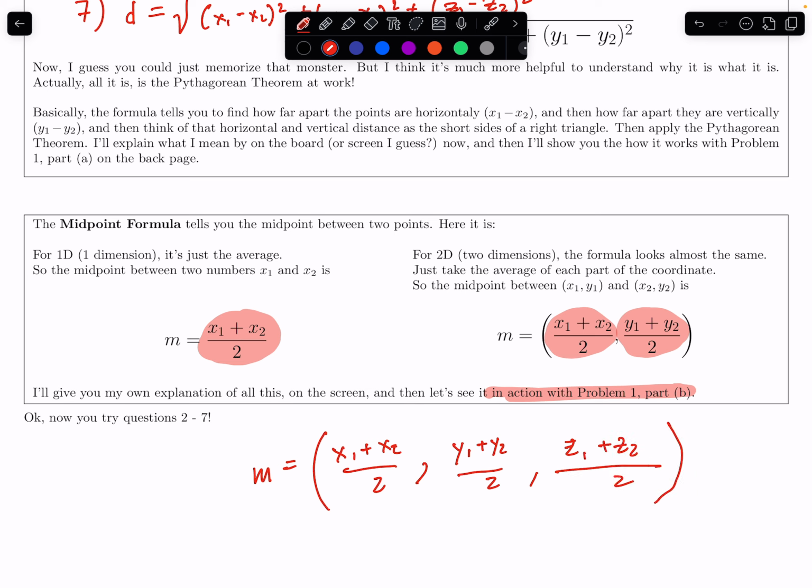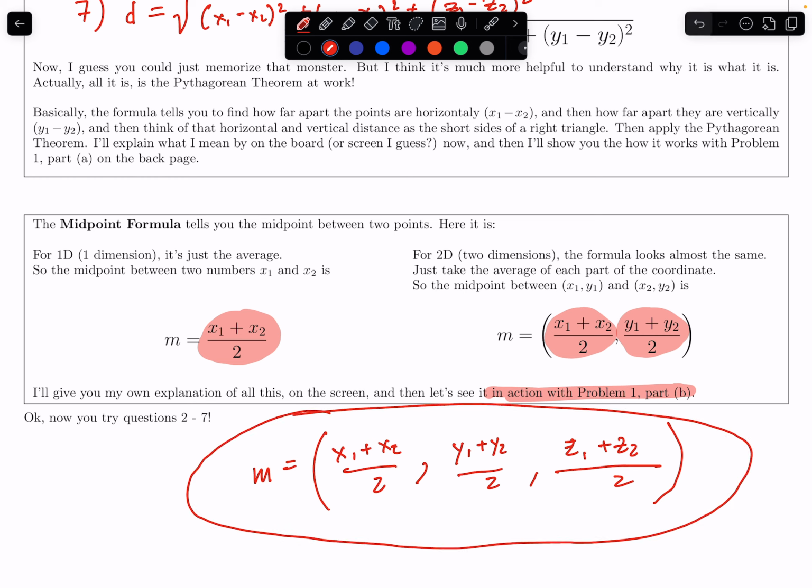And that pattern would continue. Even if you have 4 dimensions, same idea. But this is the answer for 3 dimensions. So that's problem number 7.